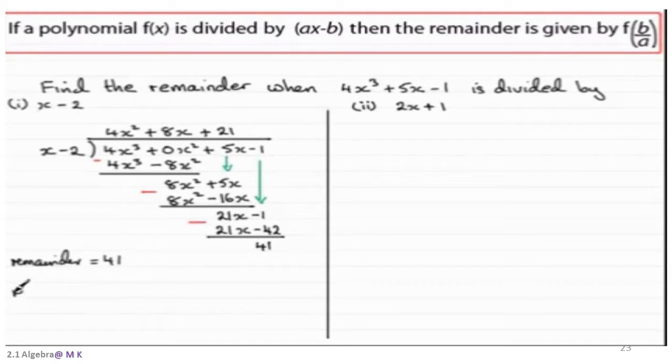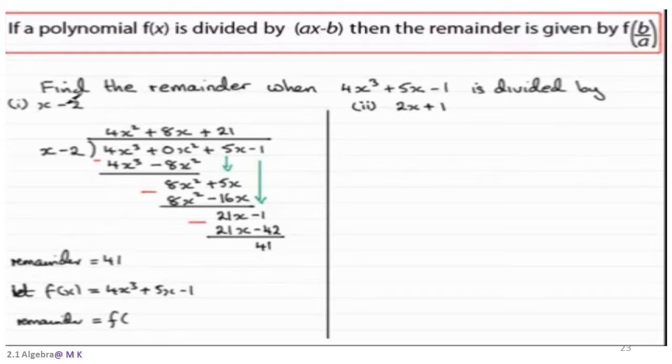So let f of x be equal to 4x cubed plus 5x minus 1. Now the remainder is given by f of b over a.